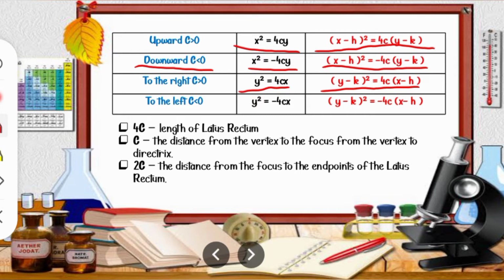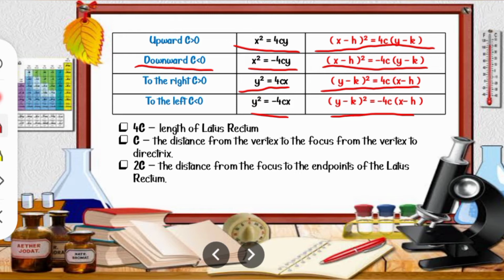And opening to the left, c is less than 0. The vertex at (0, 0) is y squared equals negative 4cx, and the vertex at (h, k) is (y minus k) squared equals negative 4c(x minus h).